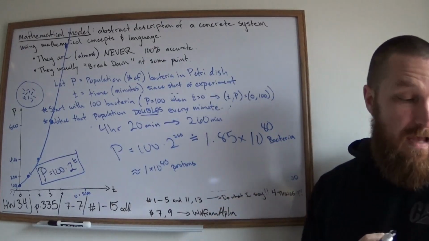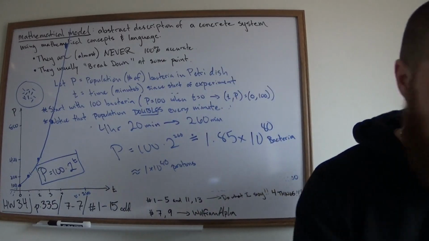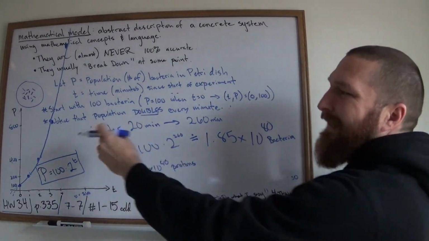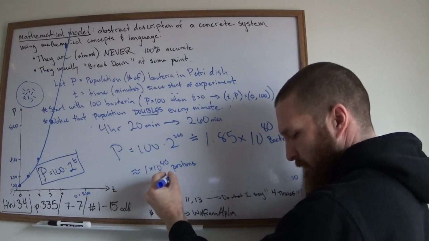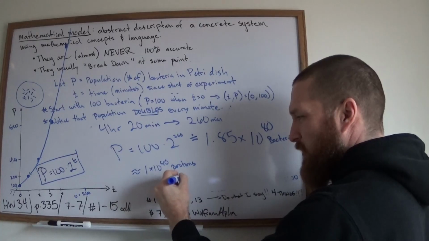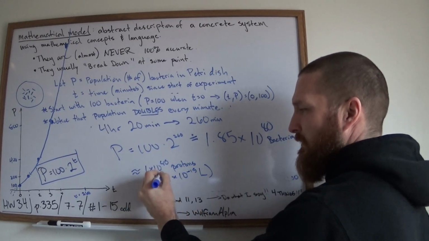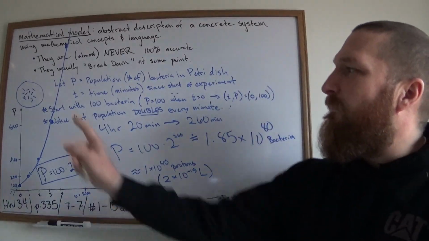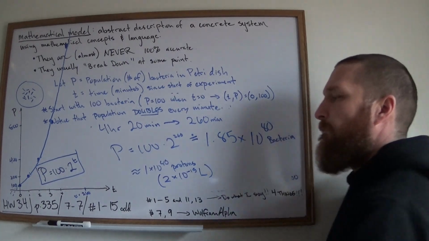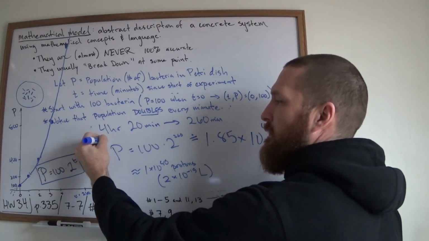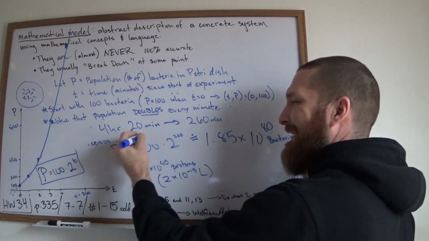I did the calculations. Each bacterium, and we're talking about an E. coli bacterium, is about 2 times 10 to the negative 15 liters. That's the volume of one of those guys. A very, very, very small number. It's like 0.000002 liters.